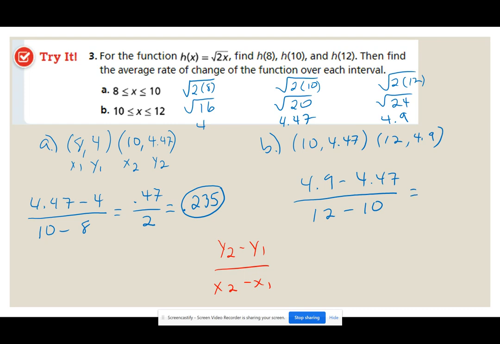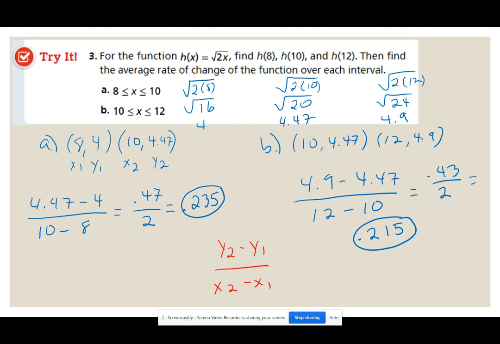So 4.9 minus 4.47 is 0.43. And 12 minus 10 is 2. So when I go ahead and I divide that out, I get 0.215.